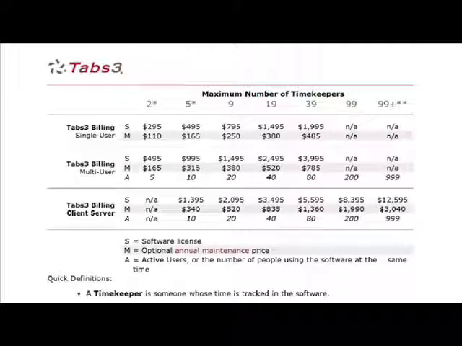Okay, on this next slide, we see the current pricing, 2010, for the TABS 3 program, timekeeping and billing software that we've studied in this class, which directly relates to the law office.